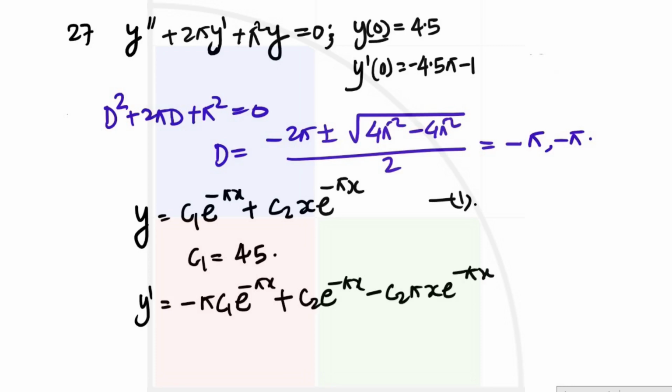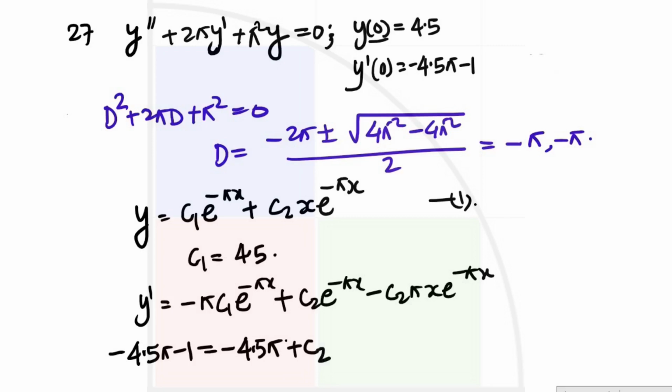At x is equal to 0, this is minus 4.5 pi minus 1. Substitute 4.5 in place of c1 here, and we will get minus of 4.5 pi. And then at x is equal to 0, the exponential component will become 1, and this will be just c2.